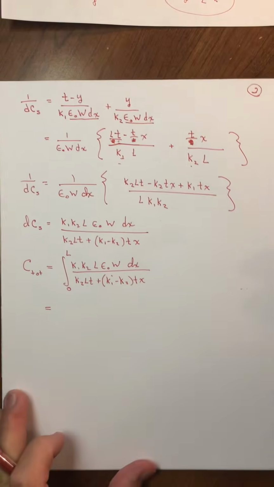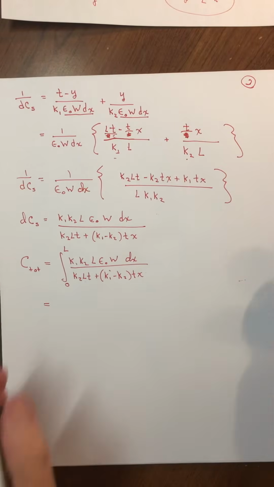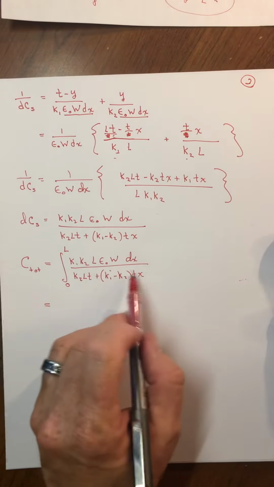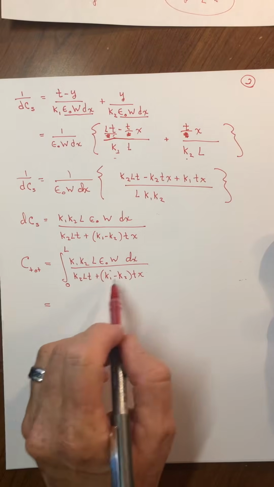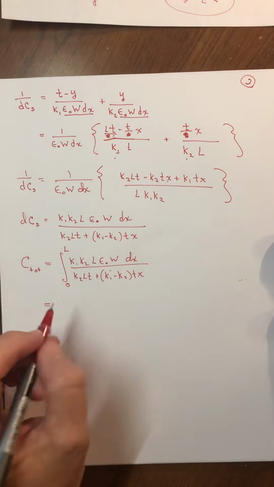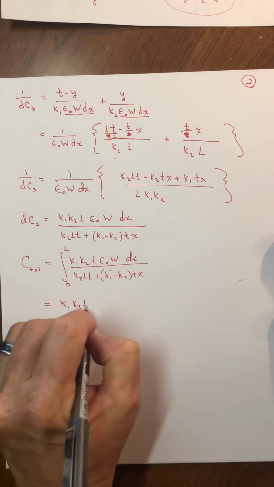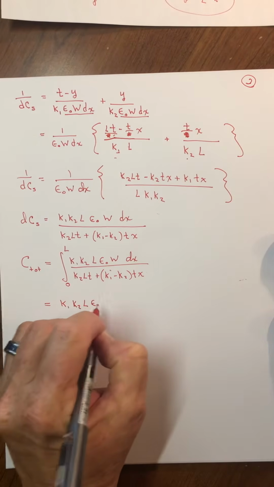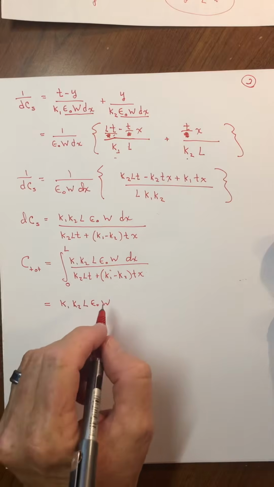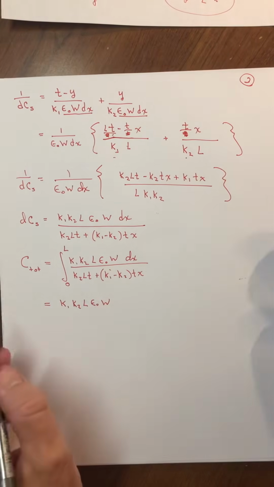And fortunately, this is not a hard integral. It looks like we've got the X in the bottom, and it's linear, so we're going to have a natural log here. So I've got a kappa 1 and a kappa 2 and an L and an epsilon and a width, so I was pulling those out.